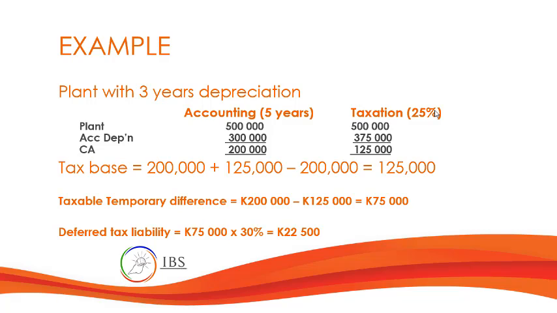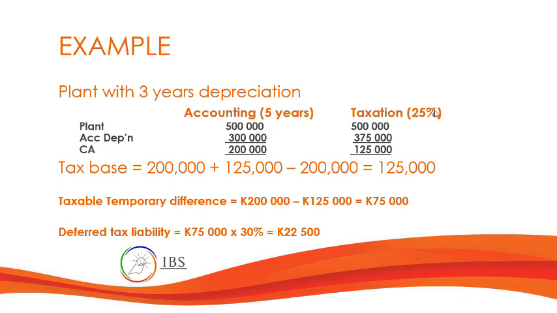Alright, let us see an example here. So we have a plant with 3 years depreciation. The cost of the plant is 500,000, and then accumulated depreciation we have 300,000. So the carrying amount is 200,000. Now as per tax rule, the depreciation should be 25%.